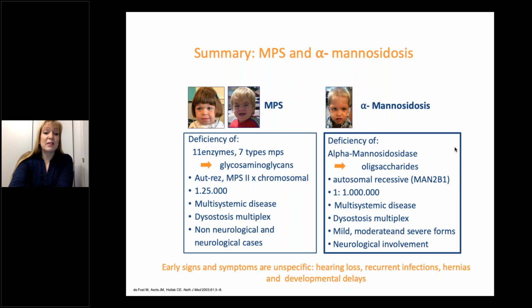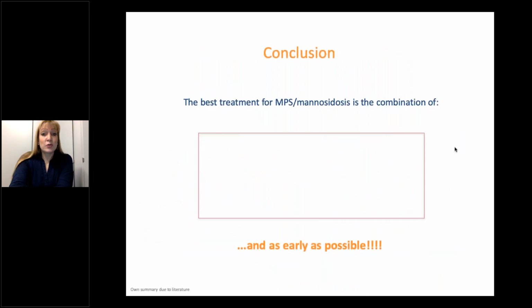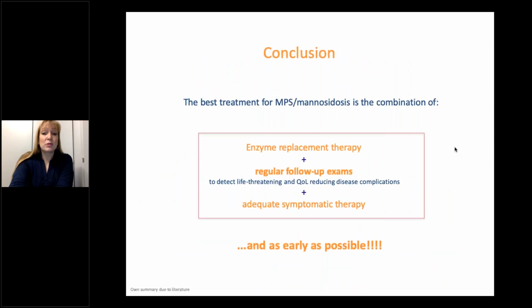And in both diseases, the earliest signs and symptoms are unspecific, with hearing loss, recurrent infections, hernia, and developmental delay. But in combination, it could lead to a diagnosis. And in conclusion, the best treatment of MPS and mannosidosis patients is the enzyme replacement therapy.